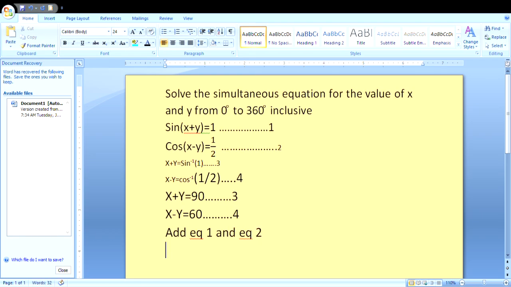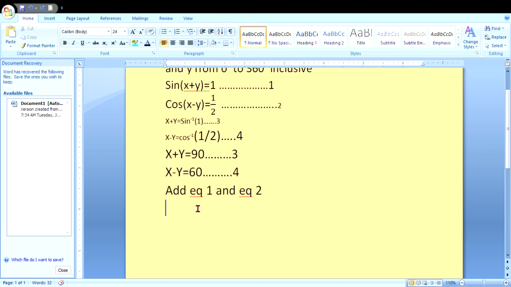If that is done, this becomes 2x is equal to 90 plus 60, that gives 150. Then divide both sides by 2.